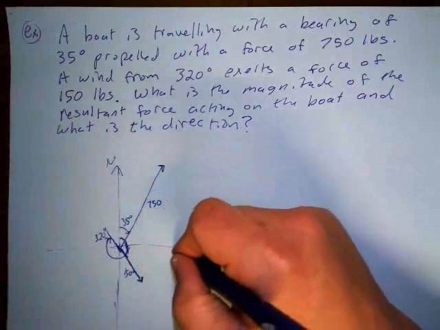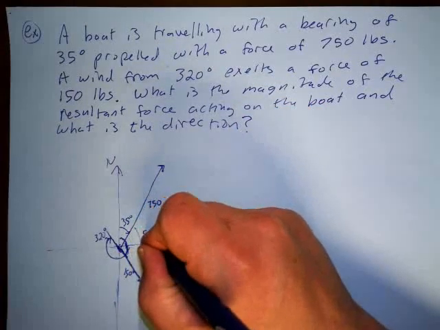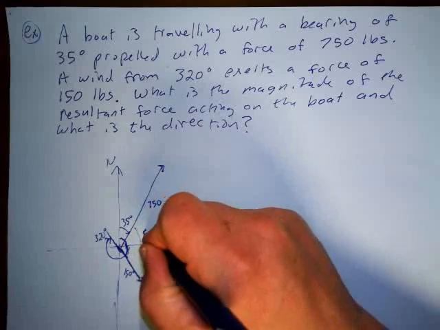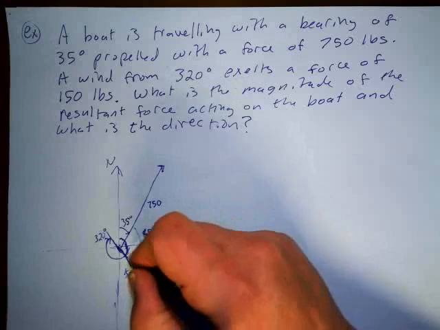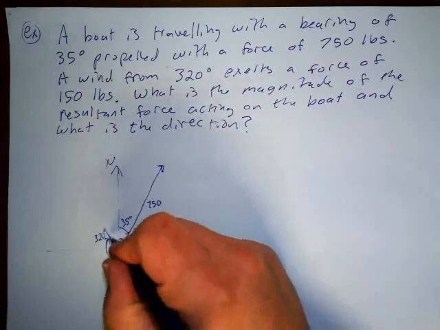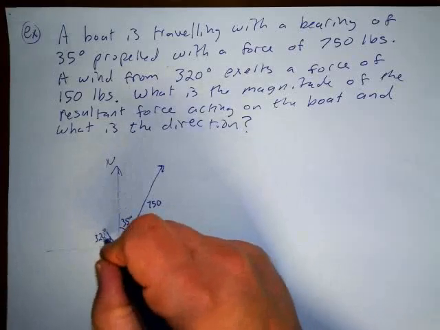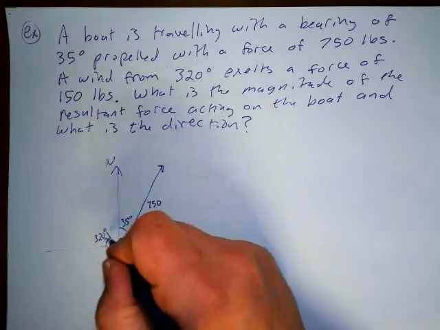Remember, we need to find this angle. This one is easy enough to find: that would be 65 degrees. And then this one here is the opposite of this. This angle here and this angle here are equal, because those are vertical angles.